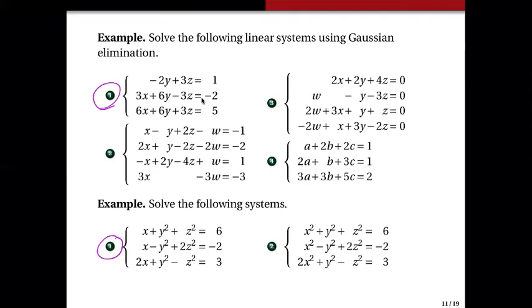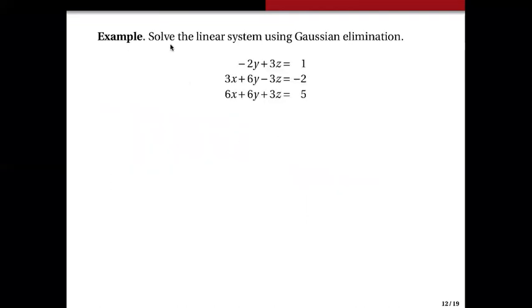So let's work on our first example here. Solve the linear system using Gaussian elimination. Actually, we will continue with the Gauss-Jordan, meaning we will continue with step 6, not just the Gaussian elimination, not just the steps 1 to 5. So, let's start with the solution.